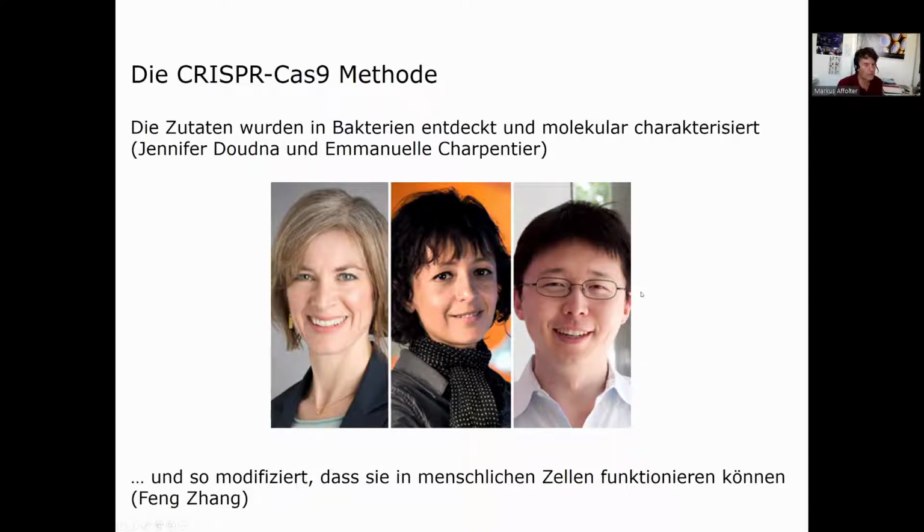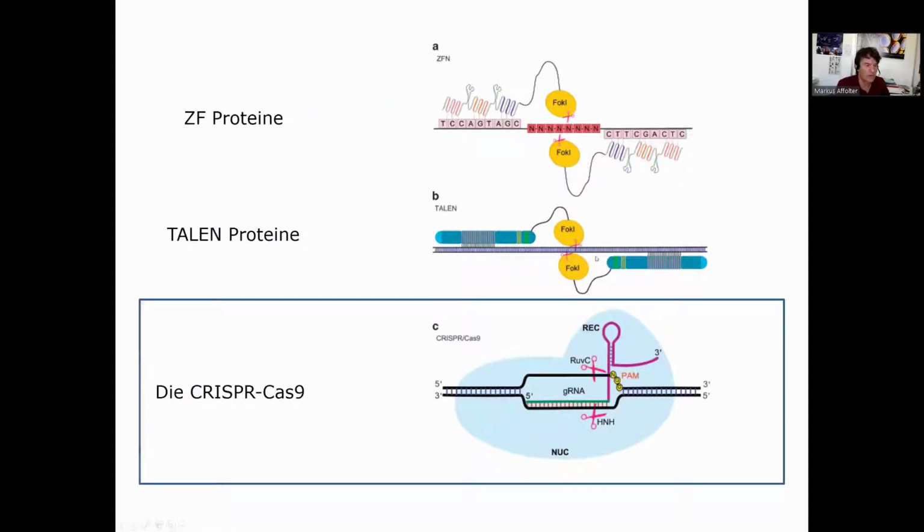And that's what they identified in bacteria. A lot of work, because they realized that phages have sequences that are then incorporated into the genome of E. coli. Oh, wow, how does that work? And so on. And what they came up with is this here. Bacteria have enzymes, cutting enzymes, DNA enzymes that cut DNA, and they're brought to this specific place of DNA by binding to a hairpin RNA molecule.